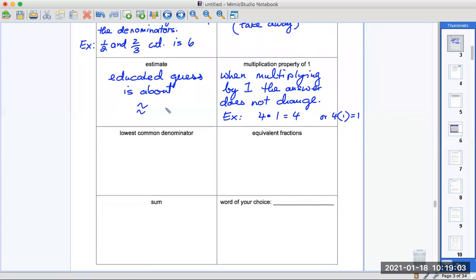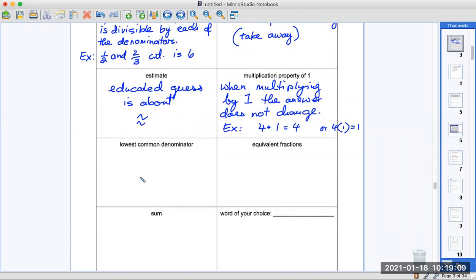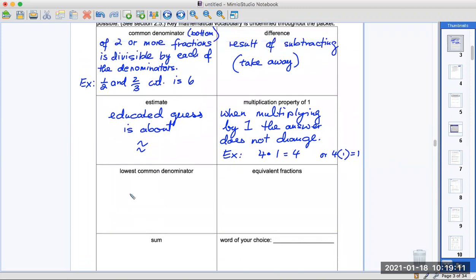The lowest common denominator. Okay, look, we got the common denominator, but then we can find the lowest. For example, let me give you an example up here. You don't need to write that down. Let's say I have 1/3 and 1/4. Well, I can say, okay, a common denominator is 24 because 24 is divisible by 3.